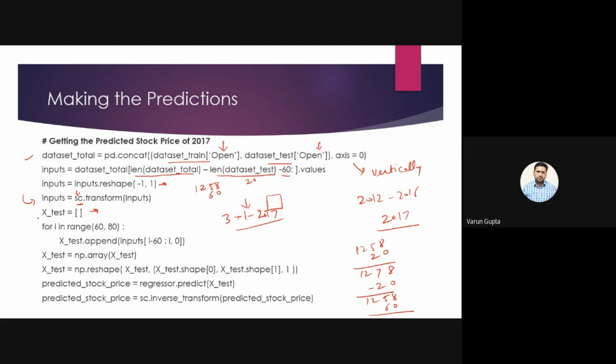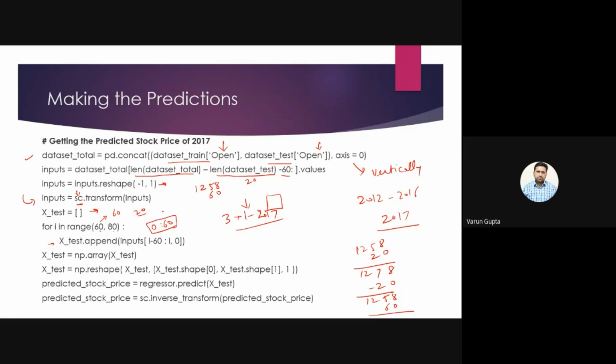You have an empty X list here, and 60 is the chunk size that we require for prediction, and 20 is the total records. So we are going to go from 60 to 80. X will be appended with inputs from i minus 60 up to i. So a chunk of 60 values will come into X, and this will repeat for 20 chunks.